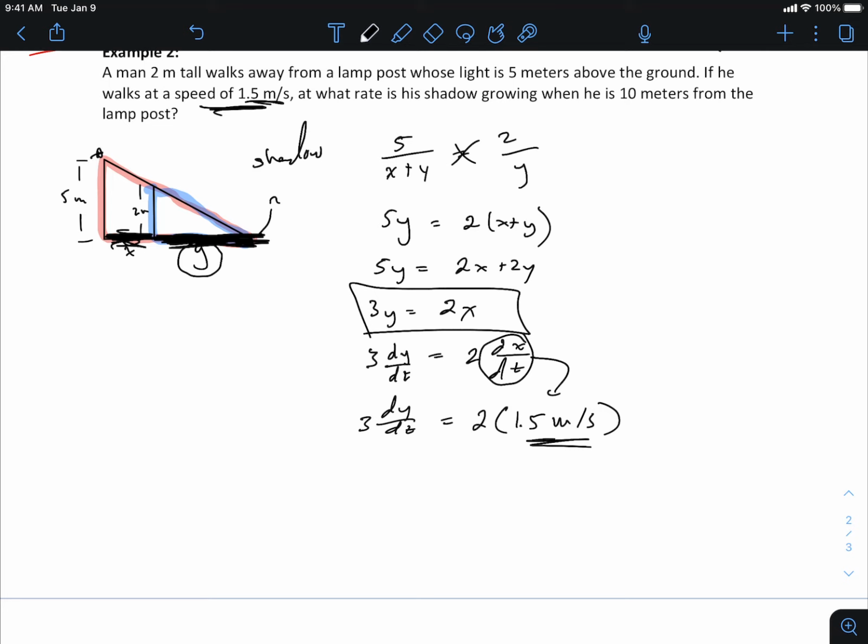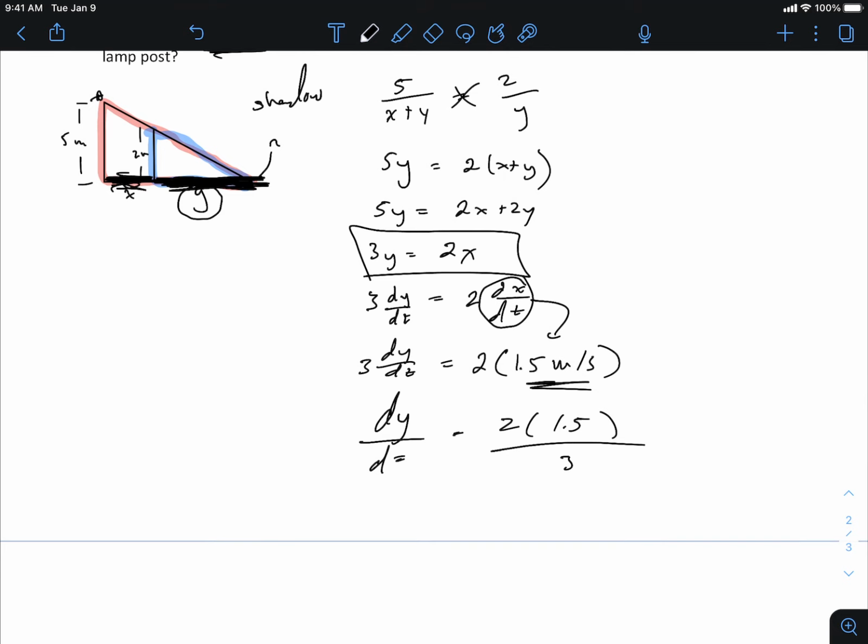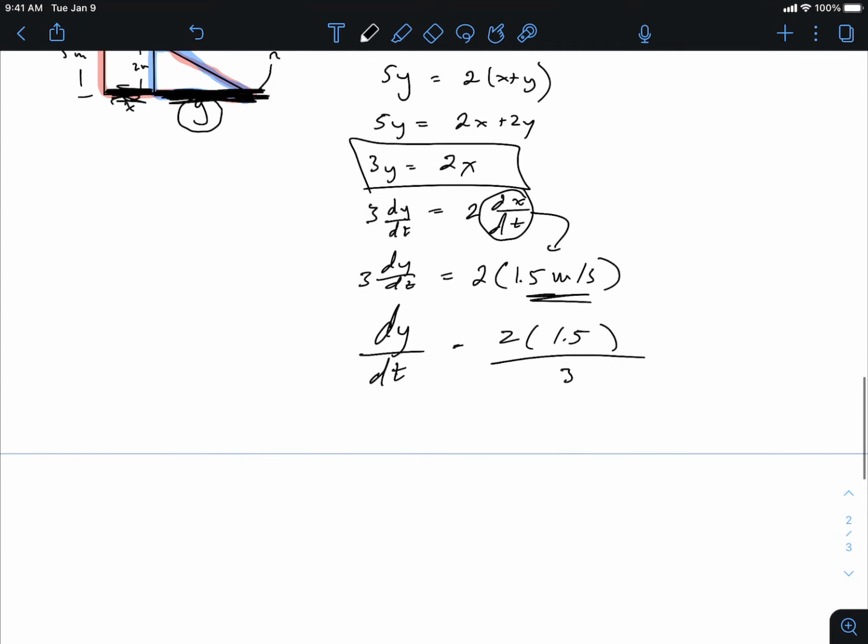And so the rate at which the shadow is going to grow in response to that is going to be 2 times 1.5 over the 3. And we're going to see that dy by dt is going to equal 1 meter every second.